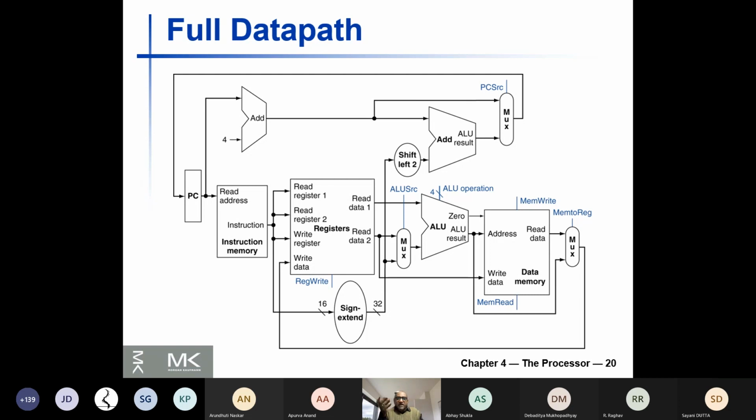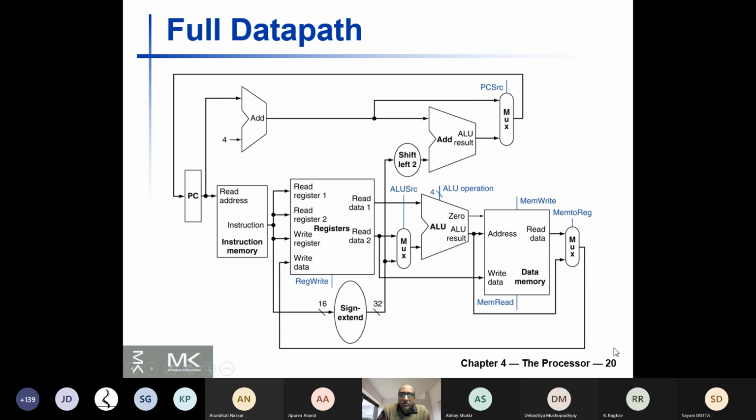You can design a combinational circuit using the principle of either product of sums or sum of products, and by optimizing that.